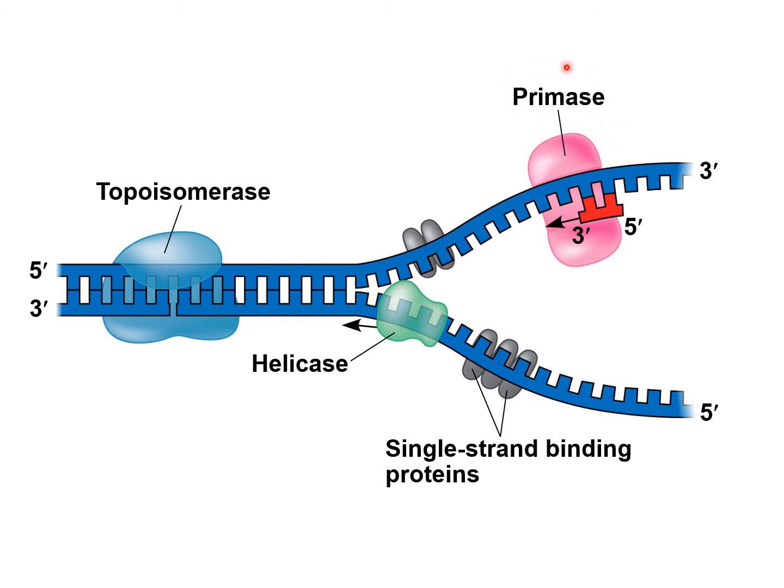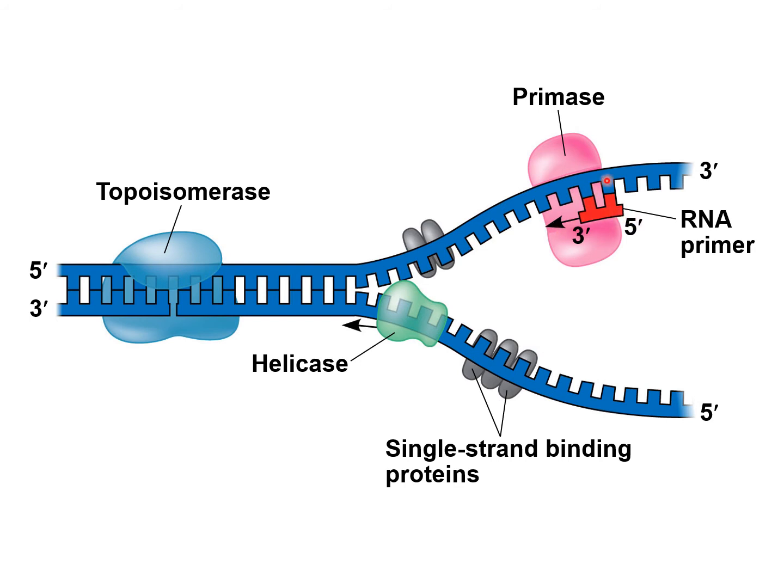This is an RNA synthesizing protein. So this red right here is not DNA, it's RNA. It synthesizes a few nucleotides of RNA, a little primer, and then the DNA polymerase can come in and finish the job synthesizing in on the leading strand. So that's a little RNA primer.